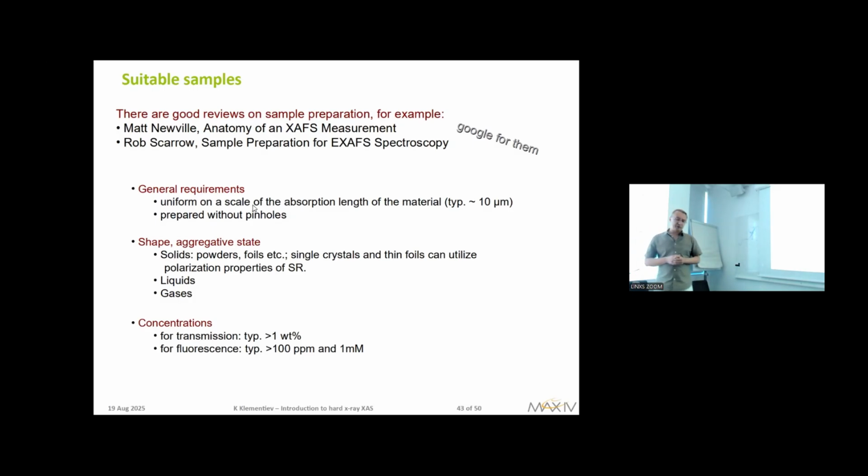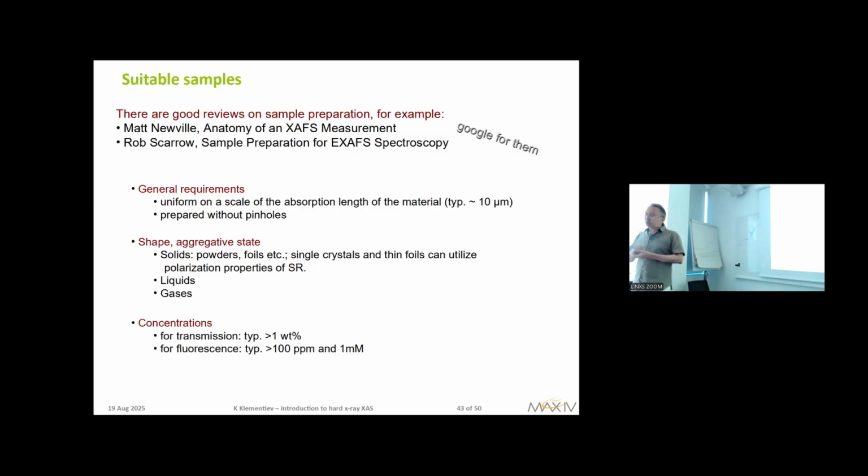The general requirement when you prepare samples from powders, and most frequently your samples are powders, is that the samples must be homogeneous. Not very big bulk particles that act as beam stops, and also not with pinholes between the particles. Both cases, very large particles and pinholes, destroy the quality of the samples.